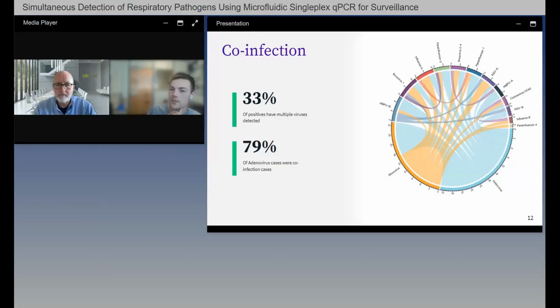And as I said, adenovirus is quite interesting in that it's not commonly reported, and 79% of the adenovirus cases were actually co-infection cases with other viruses. So again, it's an interesting area for further research, how adenovirus is circulating in West Africa, and if it is actually symptomatic, or if it's the other co-infection that is producing the symptoms, and it's more of a carried infection.